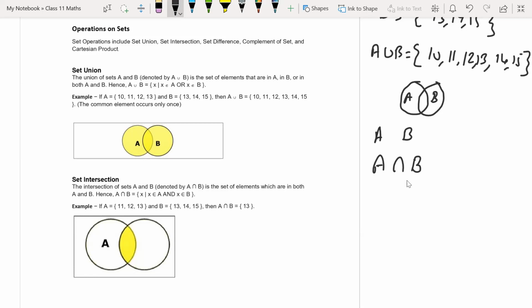OR condition means either in A or in B, but must be distinct. AND operation states that the value must be in both A and B.